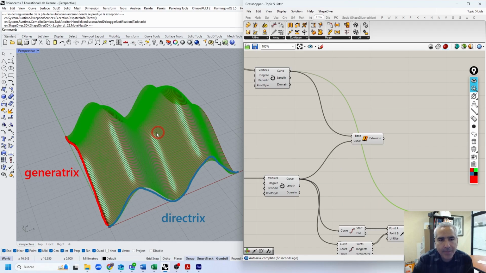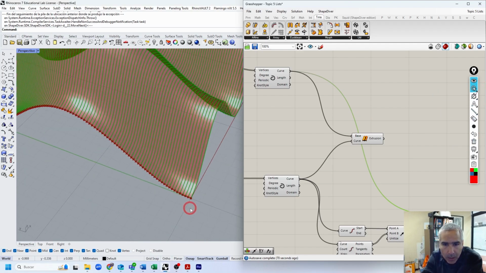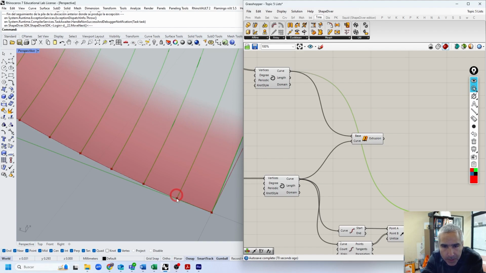You basically have 100 of these along 100 points along the red curve, the generatrix curve. So that's how you construct a translation surface, and that's how the surface works. Okay, so you can think of each one of these points along the generatrix curve.